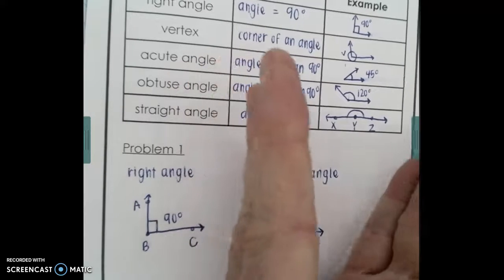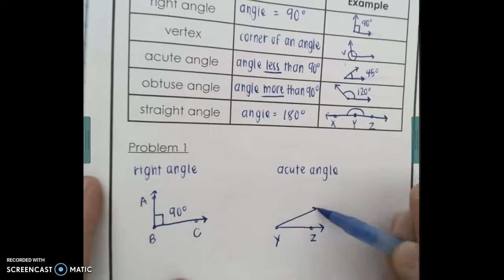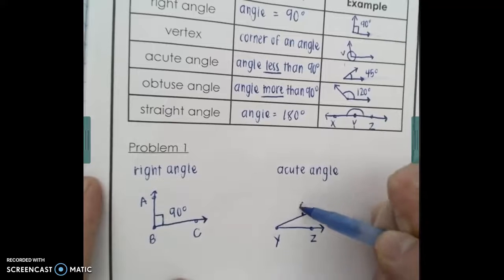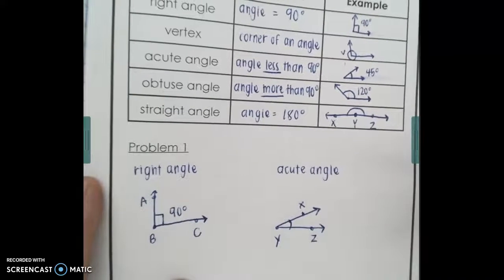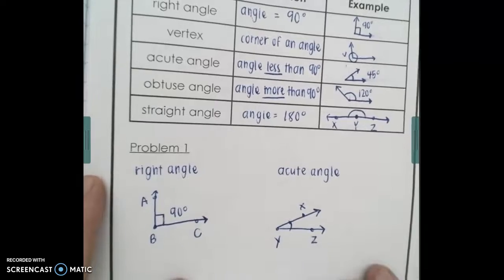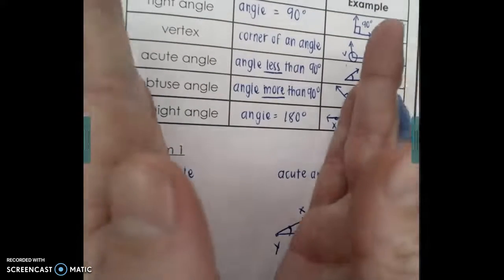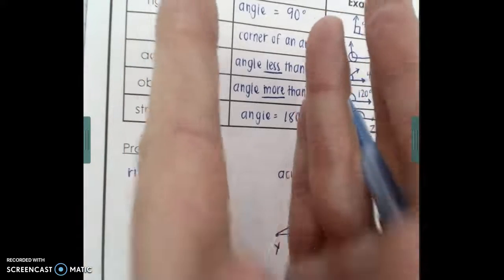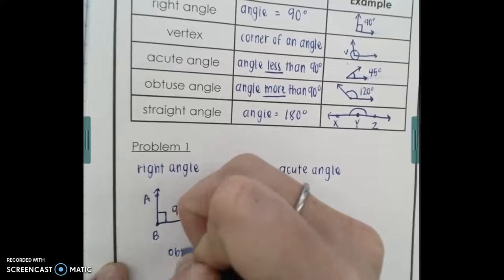It's almost like my angle's got to come in and be tighter. So I'm going to make a nice narrow angle. Label this X, Y, here's my vertex, Z, and less than 90 degrees. It's smaller. It's like I'm taking that L and I'm squeezing it in and making it nice and tight, nice and cute.